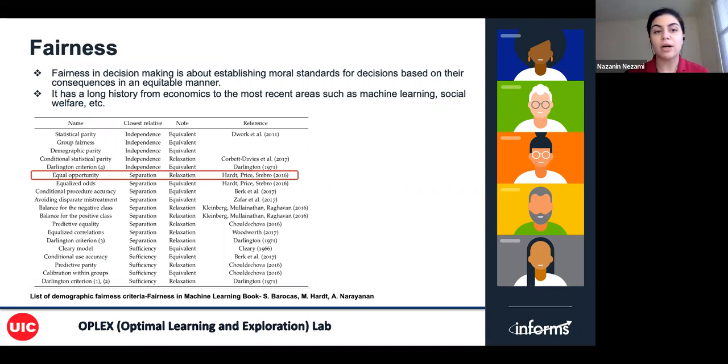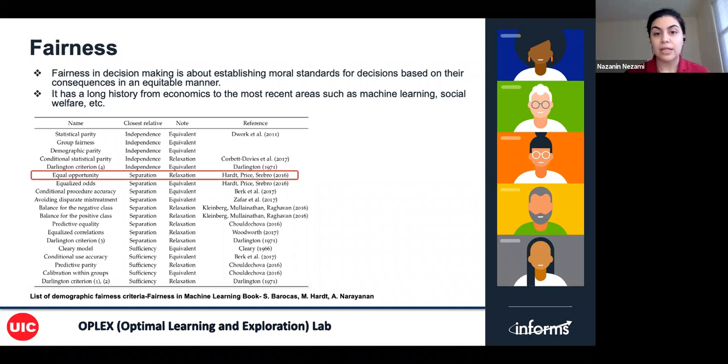Next, I want to talk about fairness and more specifically fairness in decision-making problems. Fairness in decision-making problems is about establishing some standards in our decision-making so that the results of our decisions will affect everybody in an equitable manner.